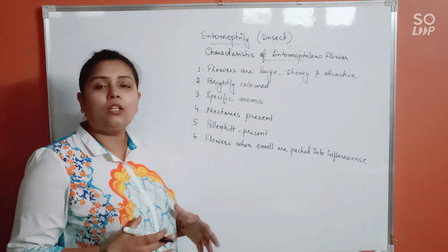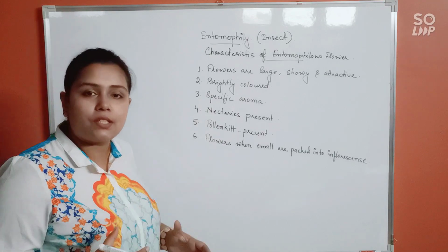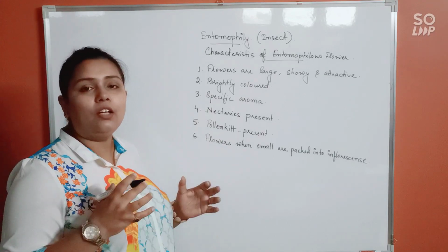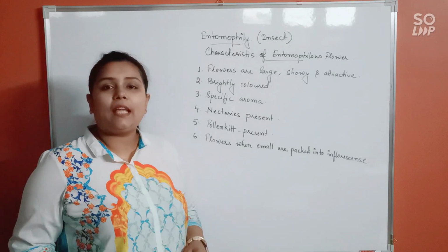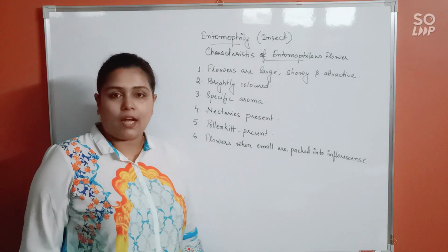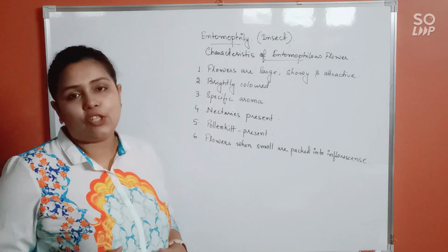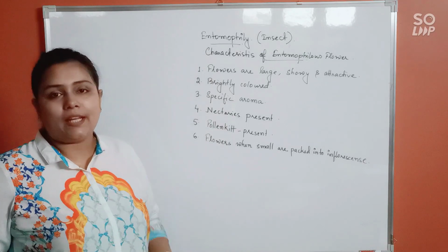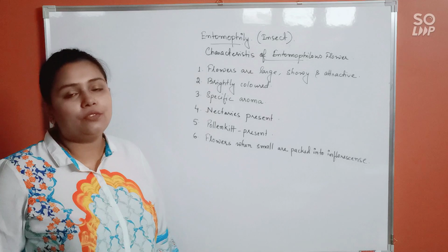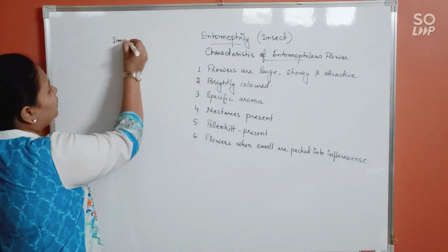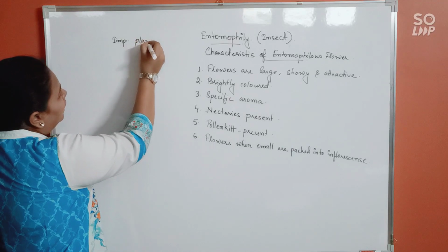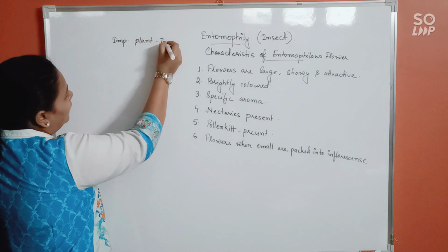So that's why all the flowers will then be borne in a cluster that can give a showy appearance, alright? That can attract the insects. This being the characteristics of entomophilous flowers, let us talk about some special kinds of plant-insect interactions that are very important for you to know.